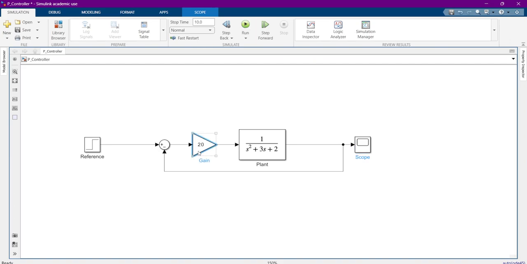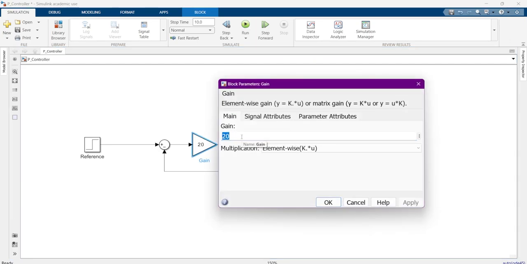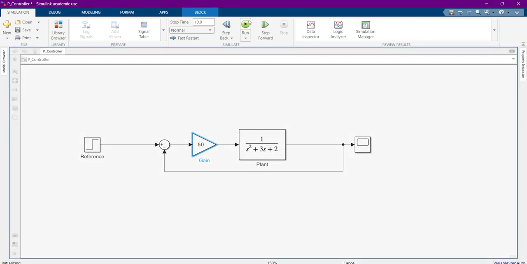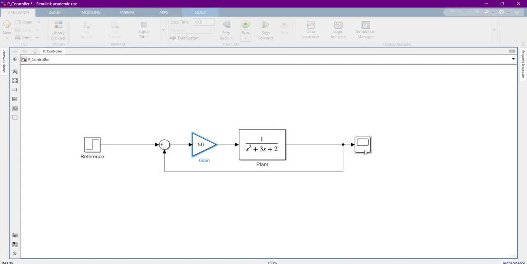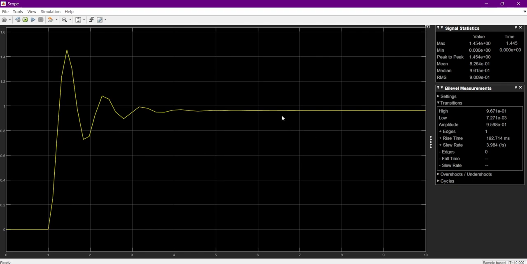Is everything good? Actually, let's discuss this after increasing the gain again. So let's put 50 maybe. By putting 50, oh, that's nice. We are getting closer and closer to the desired steady state response of the system. It's now almost 0.96.